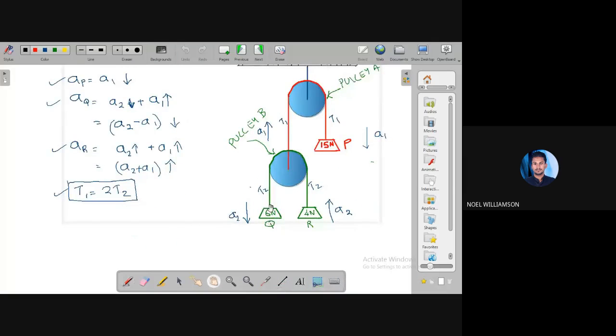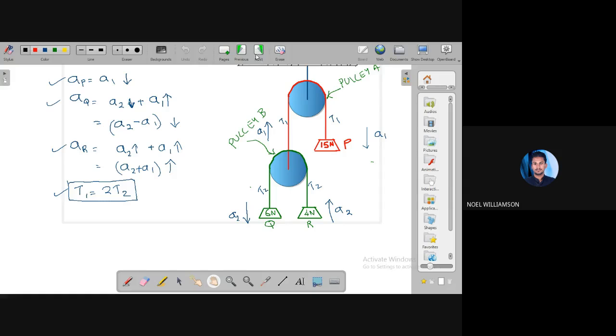The tension T2 acting upwards, the weight of 6 Newton acting downwards, and the acceleration we have chosen as downwards. So we are taking the downward acceleration as A2 minus A1.